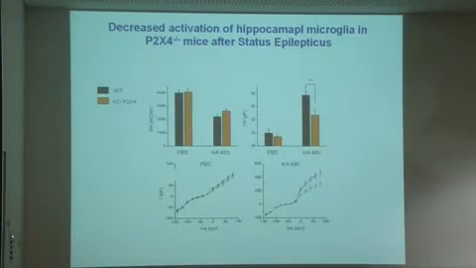We also have a deficit in the expression of these potassium channels that has been proposed to be important for migration of microglial cells. So we might expect a change in the number of microglial cells that are present in the hippocampus. And some preliminary data seems to indicate that this is indeed the case.